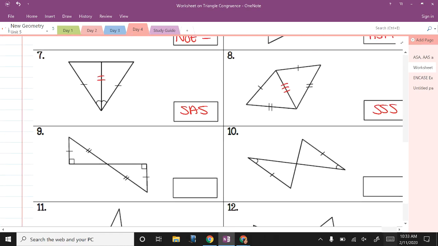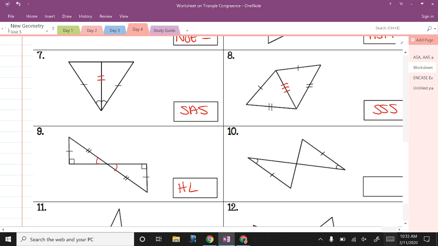All right, automatically it looks like what? Hypotenuse leg, because I have a leg congruent to a leg in the right triangles, and the hypotenuses are congruent, and that is correct. Is there another reason I can say those are congruent? Yeah, because if you look, these are vertical angles, aren't they?